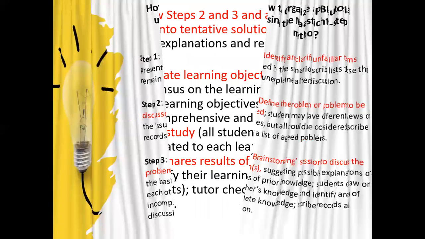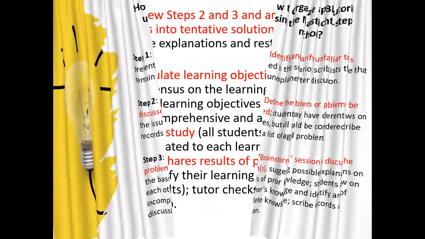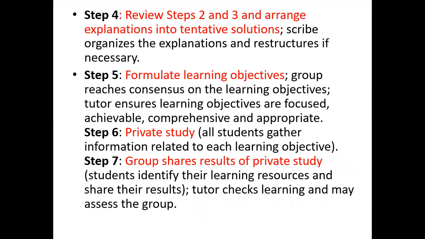Then after this, we reach step 4, in which the students review step 2 and step 3 and arrange their explanation into tentative solutions. Then scribe organizes the explanation and restructures if necessary.